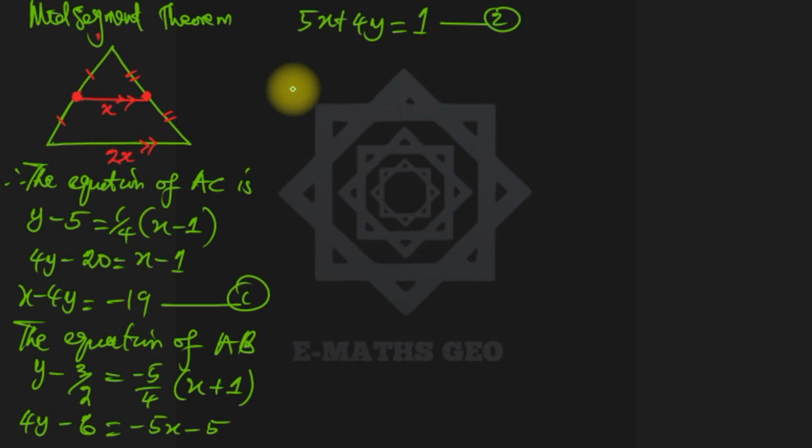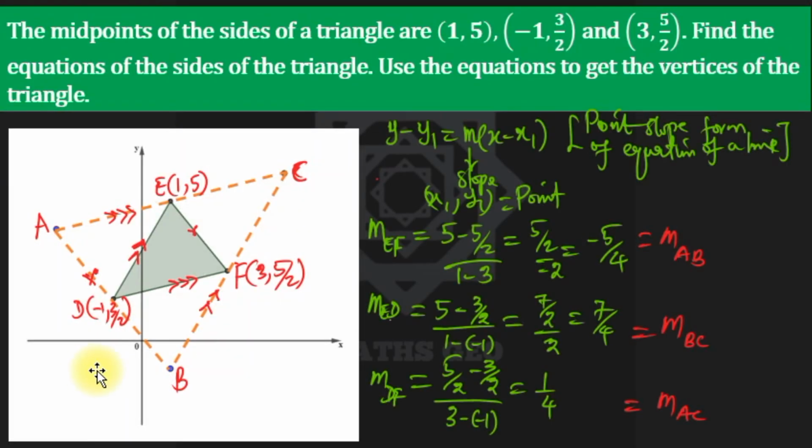Now let's get the equation of the line BC. It passes through 3, 5 over 2 with slope 7 over 4.